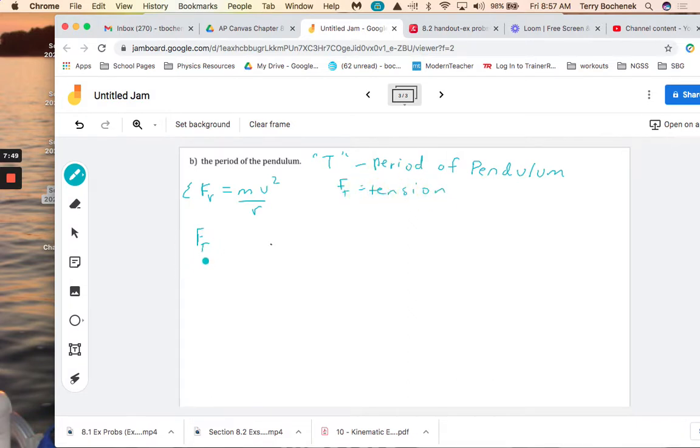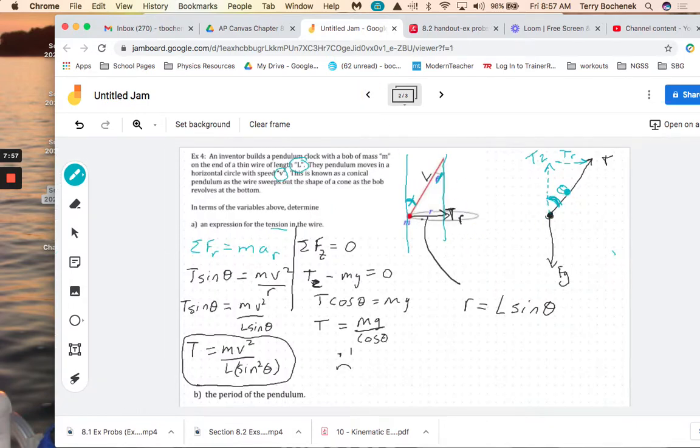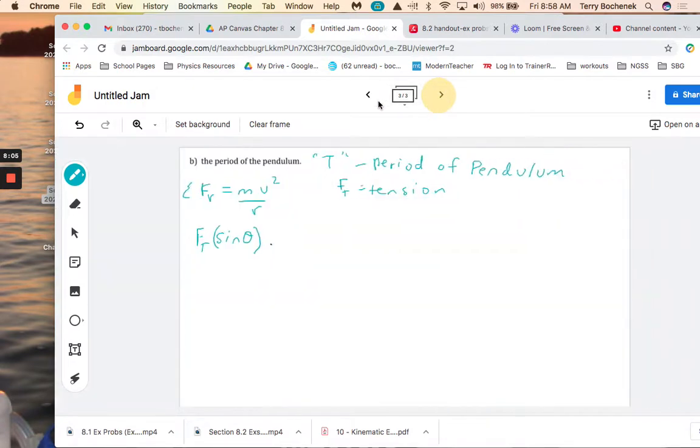So Ft sine theta, that's our radial component. Remember from back here, our inward radial component was tension times sine of theta. So that is equal to mv squared over r.